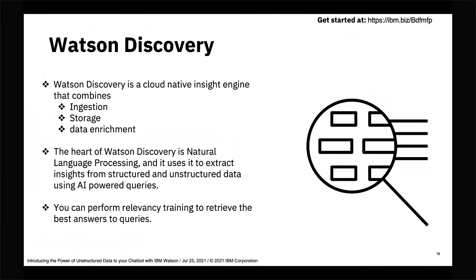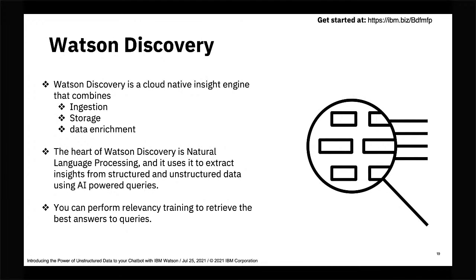Now, the heart of Watson Discovery is natural language understanding. As Mustafa mentioned previously, the Watson Assistant uses natural language processing. So Watson Discovery uses natural language understanding to perform very deep semantic analysis, extracting entities and the relationships from unstructured text.